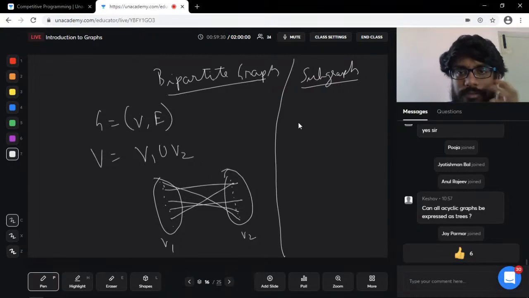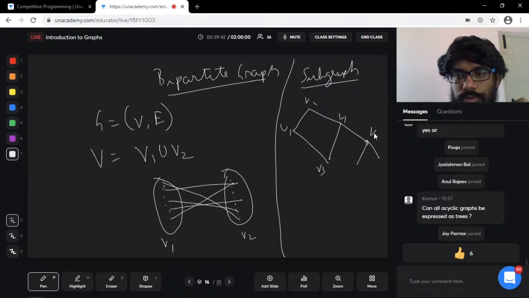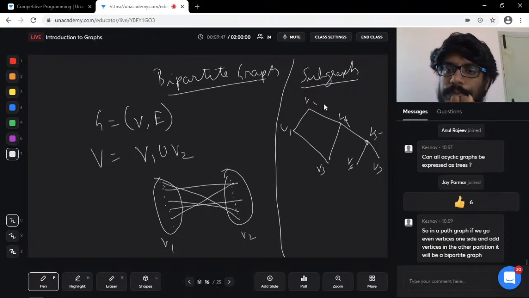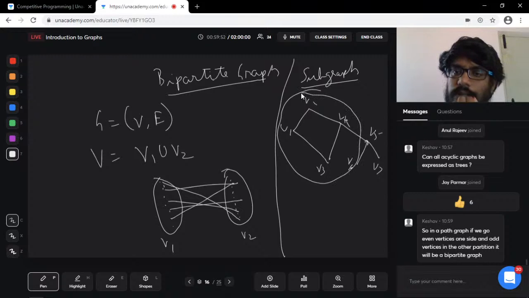So if I have V1, V2, V3, V4, V5, V6 and V7, then if I just take V1, V2, V3, V4, this is a subgraph, and a subset of the edges as well, and the subset of the edges should be only within these vertices.